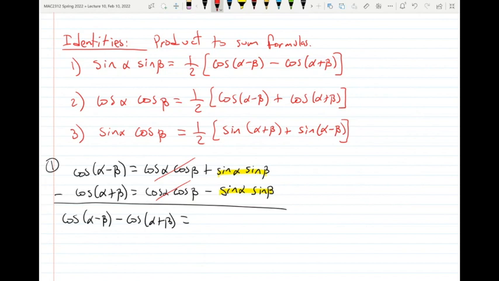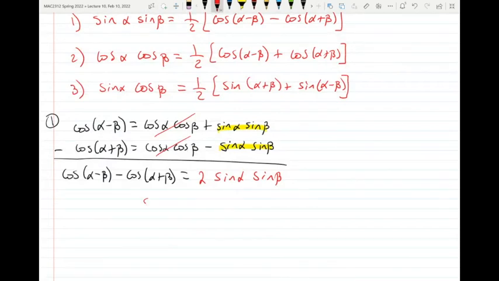So you get twice the quantity. Divide by 2, and then you get the identity. So sine of alpha, sine of beta equals 1/2 times this.